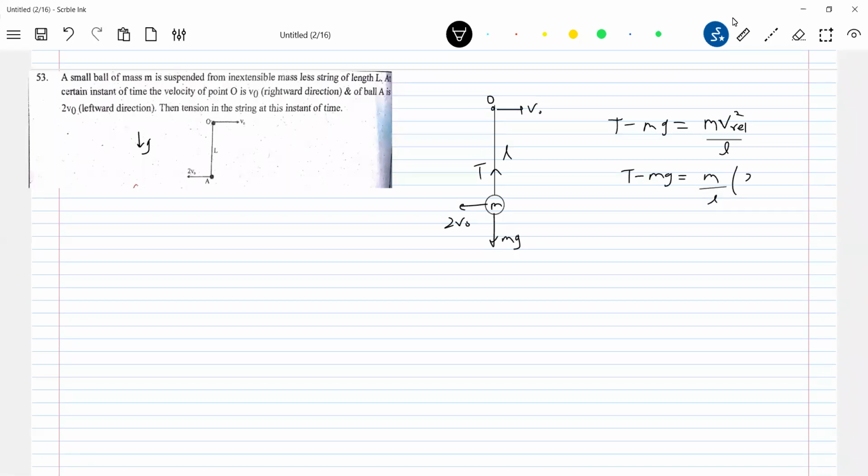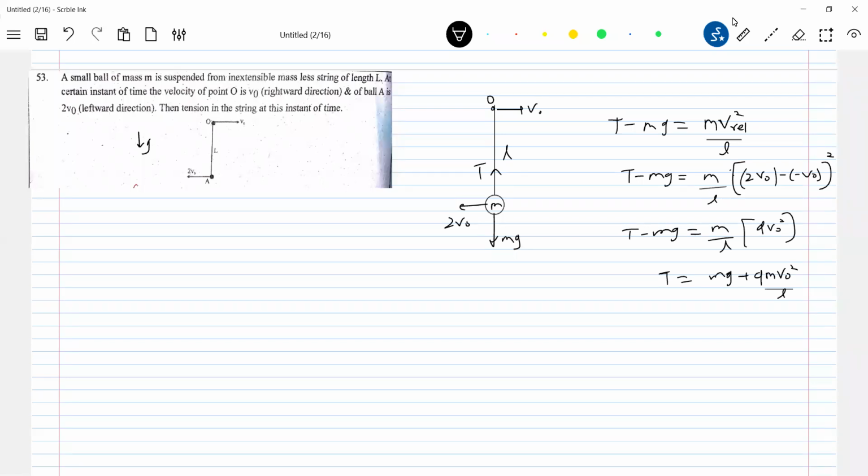V relative should be equal to 2 V naught minus V naught, whole square. So this will become T minus mg equal to m by L times 9 V naught square. So T equal to mg plus 9m V naught square by L. This is 9, not G. So this will be the tension in the string at that particular instant.